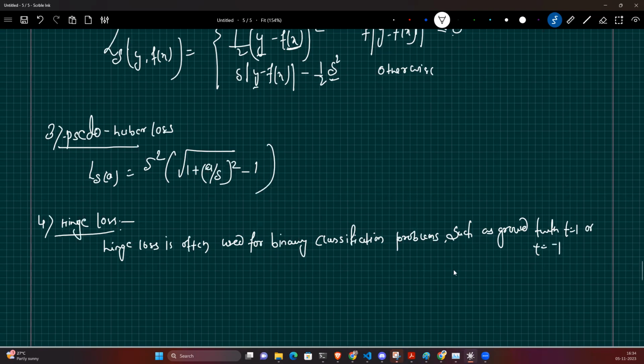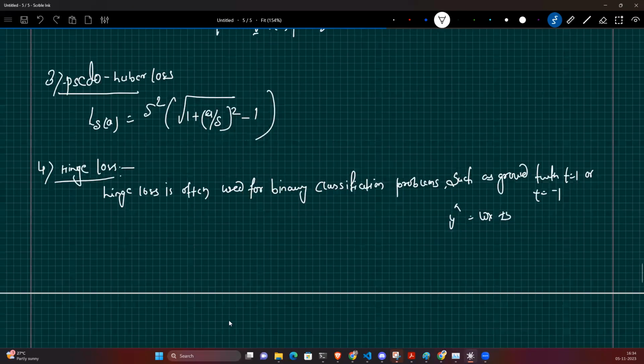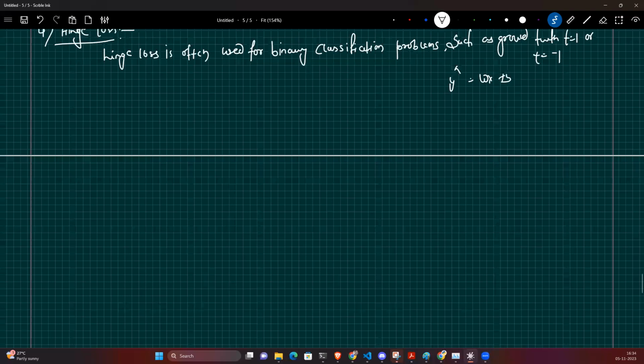The predicted value, the y cap, is equal to wx plus b. So overall, we apply hinge loss when our output is binary class classification. When we are solving a binary class classification problem, then we are going to apply the hinge loss. And there is another loss function, the fifth loss function, which is called cross entropy loss.